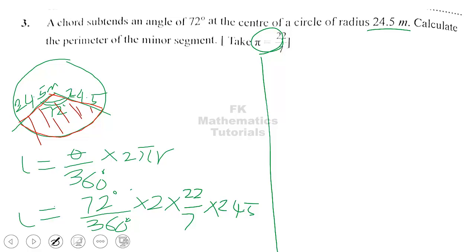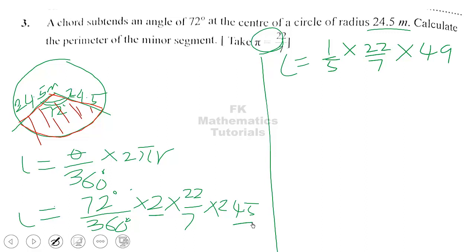So the whole thing will become L equals 1 over 5 times 22 over 7 times 49, because 2 times 24.5 will give us 49.